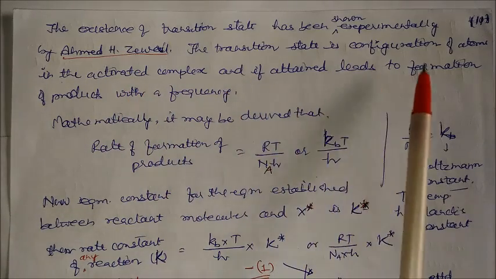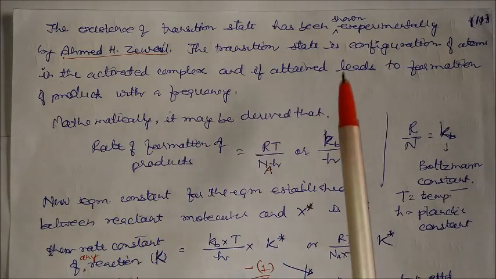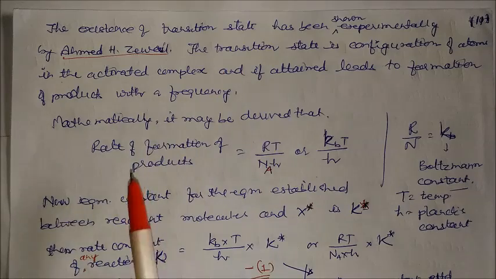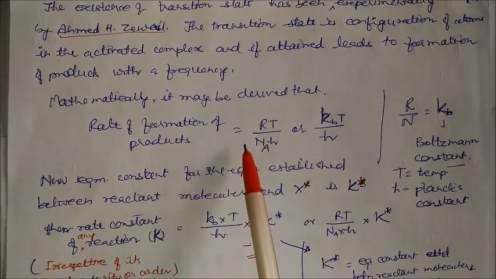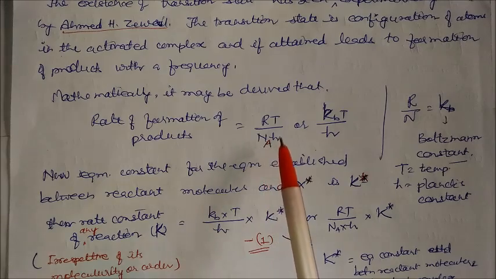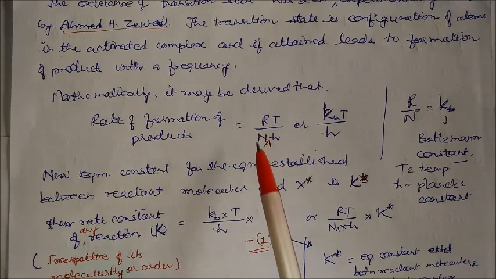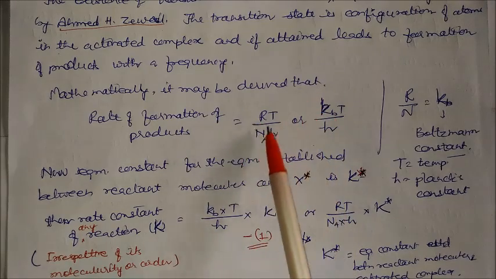The transition state is the configuration of atoms in the activated complex which, if attained, leads to the formation of product. Mathematically, the rate of formation of product is equal to RT by Avogadro number into h. This came from the kinetic theory of gases, so there is no need to derive this equation, just learn it by heart.